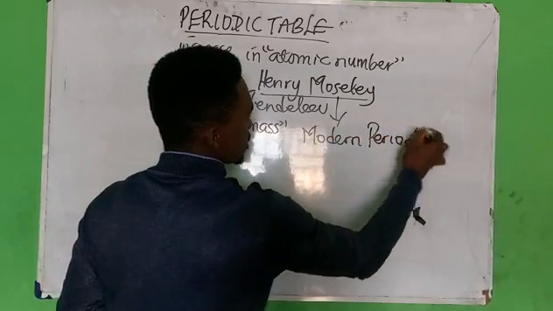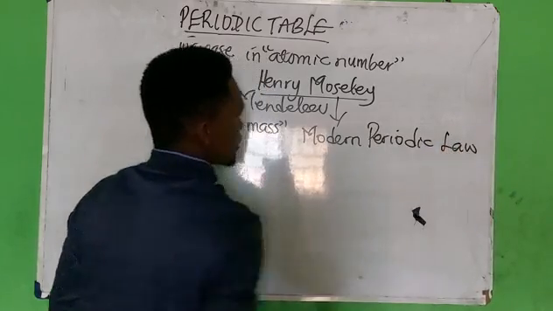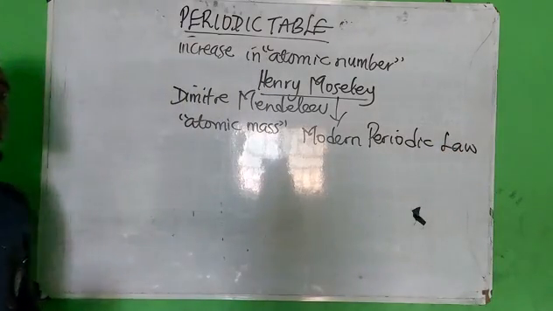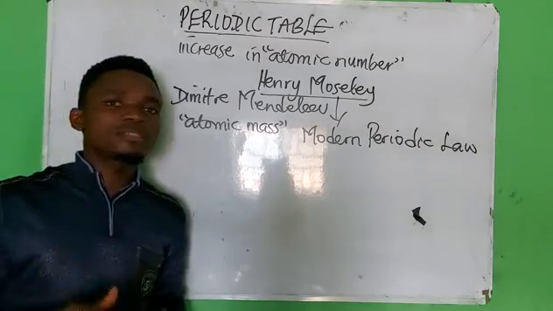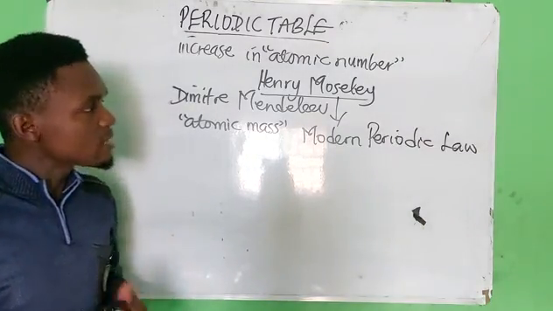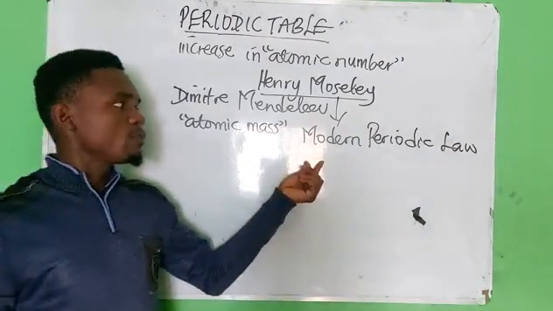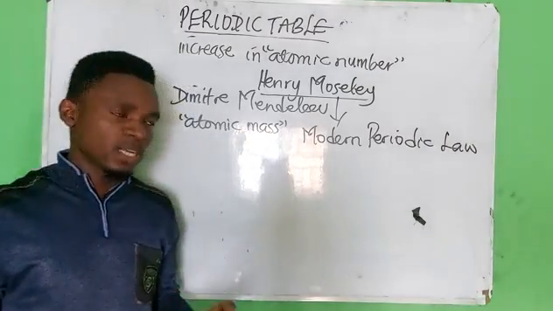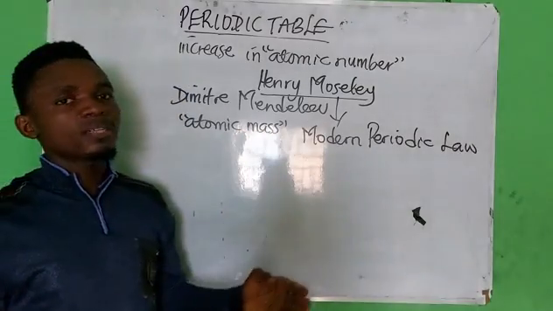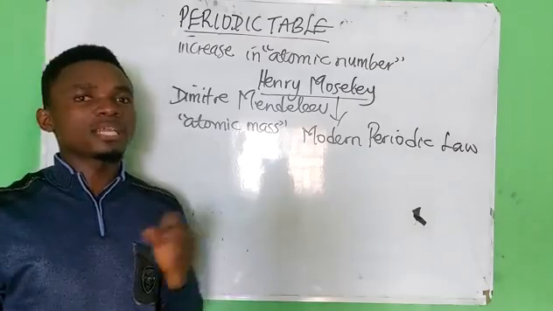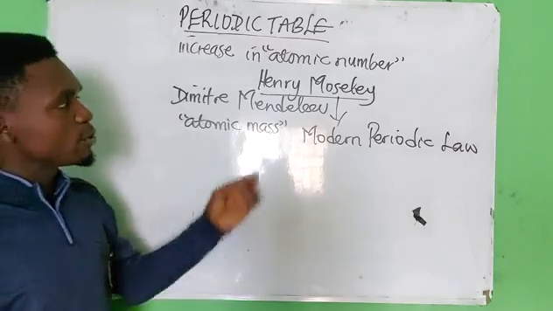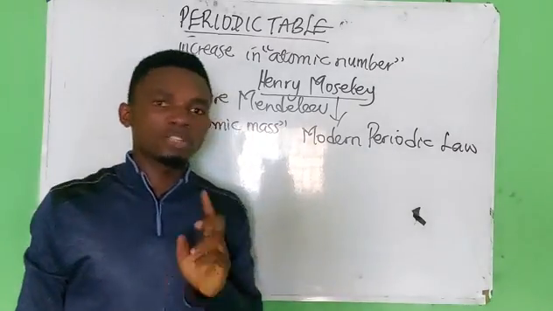The modern periodic law states that the properties or the periodicity of an element is a function of its atomic number.